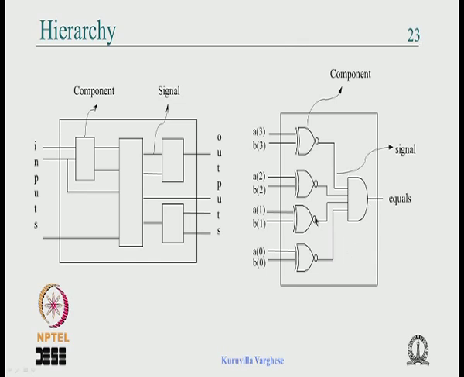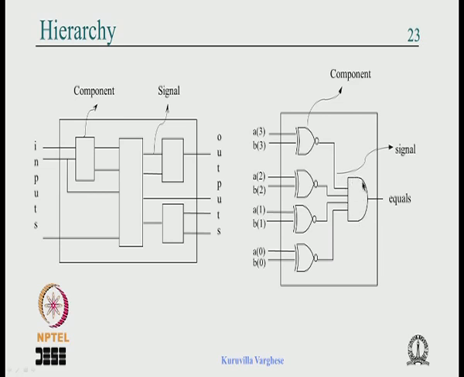So we have 2 distinct components, a 2 input exclusive NOR gate and a 4 input AND gate, okay. Now we have only 2 components, but this 2 input exclusive NOR gate is instantiated 4 times, but we need to declare it only once.